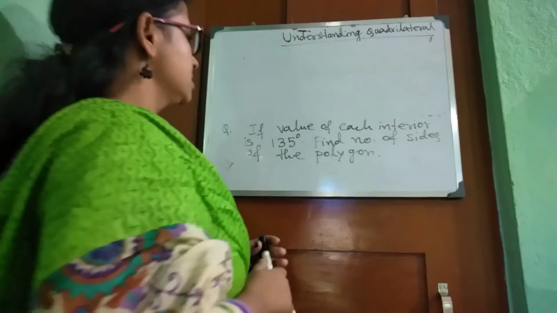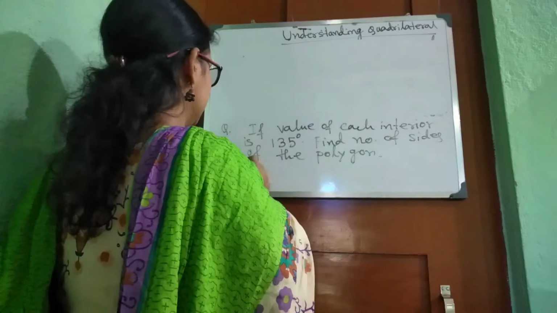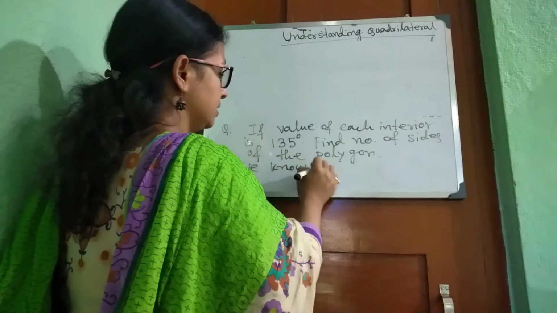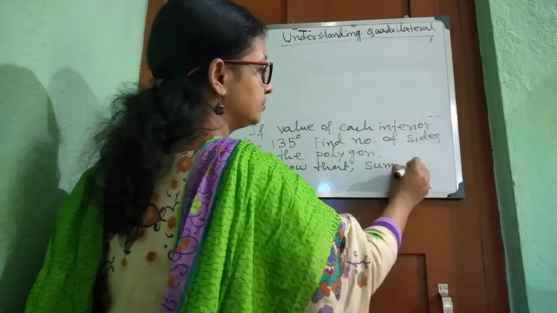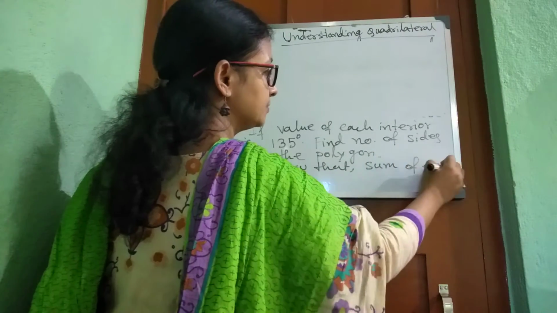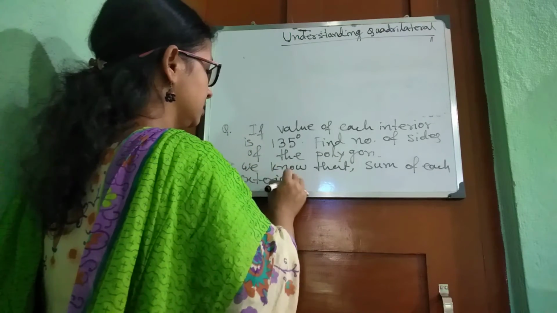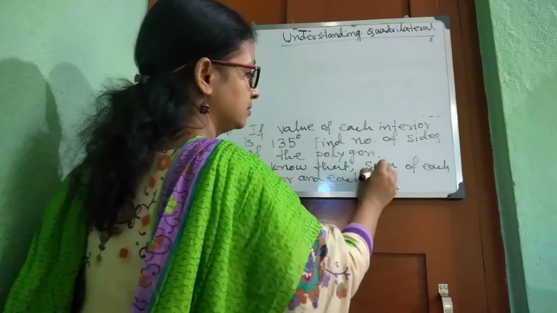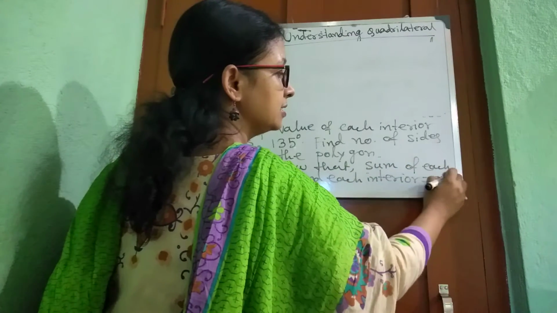to find this out, we have to write first: we know that the sum of each exterior and each interior angle is equal to 180 degree.